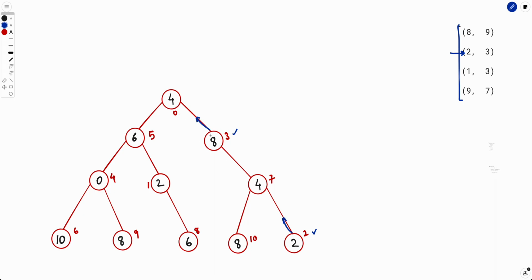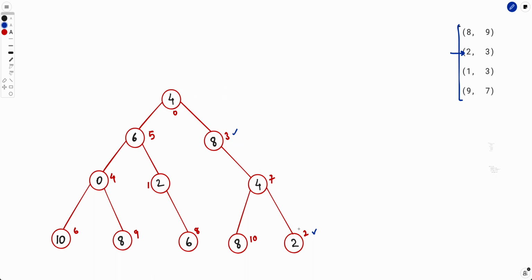The parent of 3 would be 0, so you will come here, right? And similarly from 2 you will come here. Now again you will move to the parent because they are not equal. Once you move up, you will hit 8, and from here you can't move up because there is no parent of 8 at all. So basically you will hit a null pointer exception or something of that sort. So this would not work in this scenario.